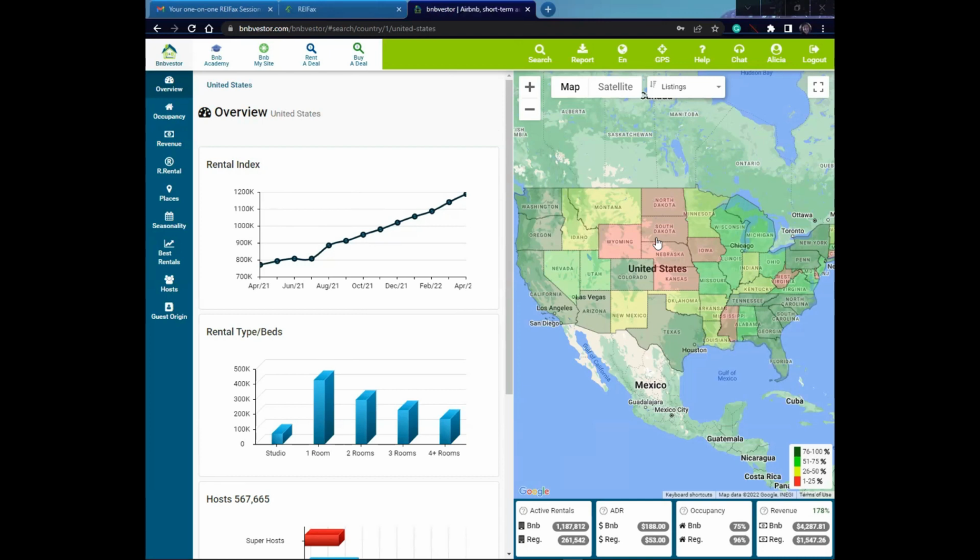This BnBvestor particularly analyzes the information that comes from Airbnb. With this, you will be able to access that information and see which are the best type of properties in any given area.